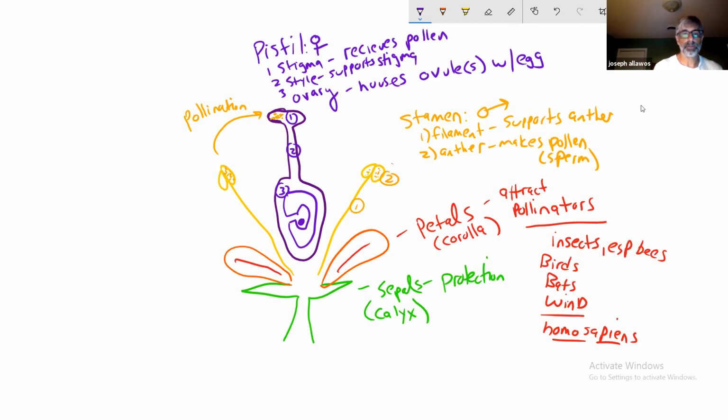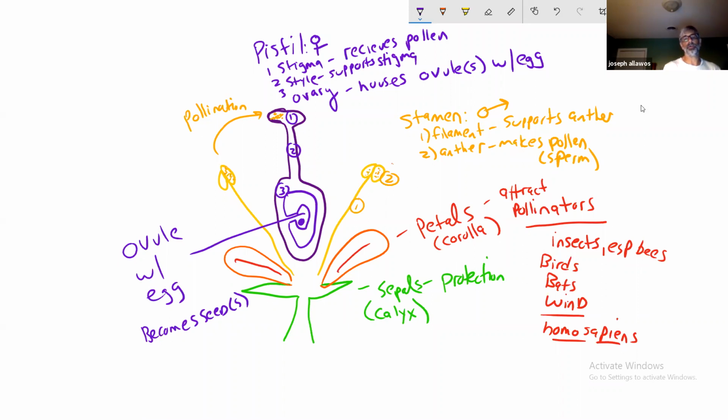So this structure here is called the ovule with egg. And here's the thing. The ovule, upon fertilization of the egg, becomes seed or seeds. And it just turns out I've drawn a single ovule in the side of this ovary.